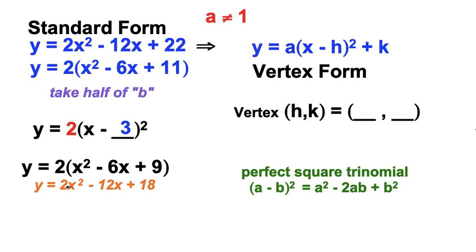Now, you don't have to write this out, but you just got to remember that's 2x squared minus 12x plus 18. If I take that 18 and I want to adjust it to 22, how do I do that? Well, I'm going to add 4.